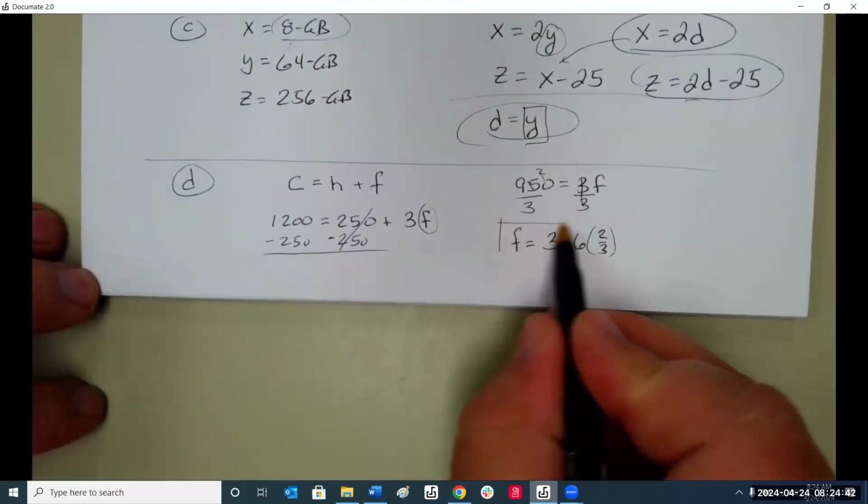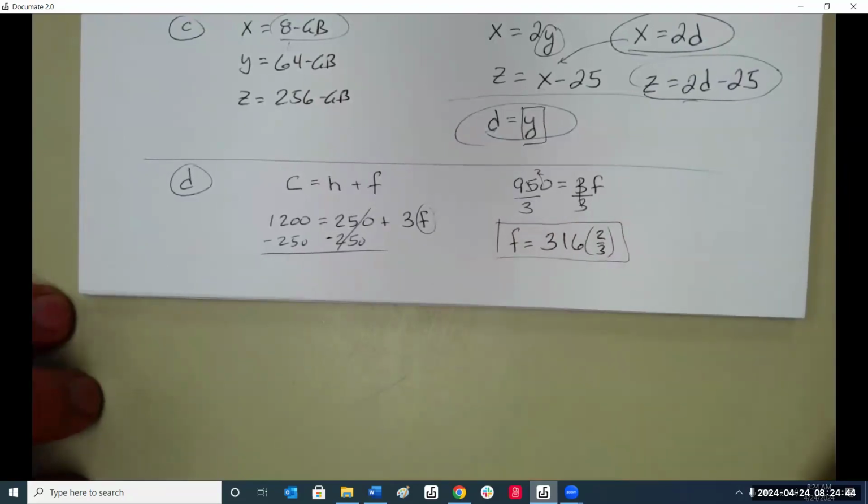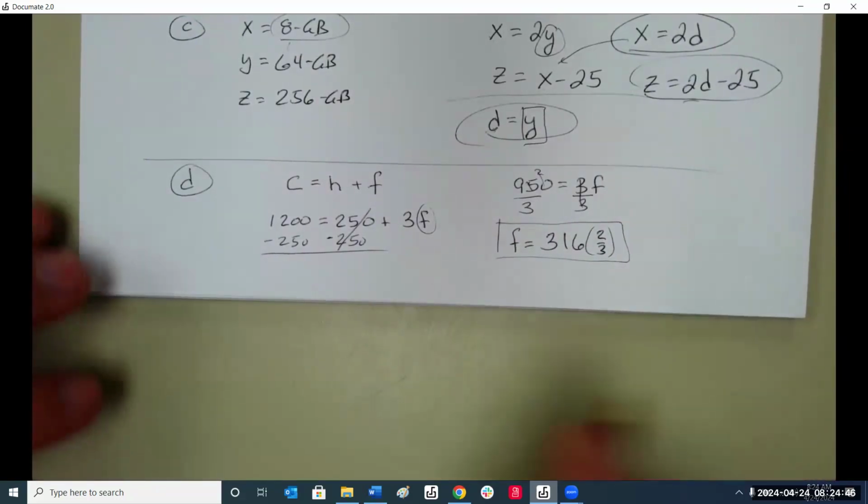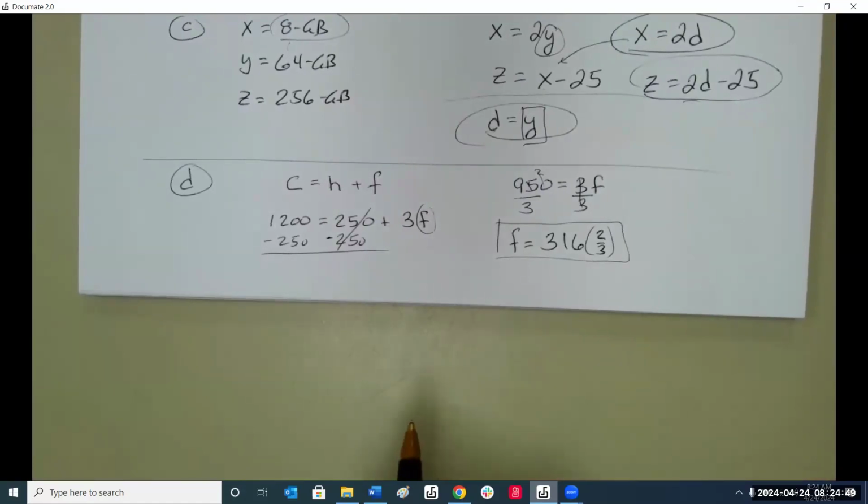Okay, this is the question that asks us how many fries can he eat? The question was asking how many more calories does he have the rest of that day?